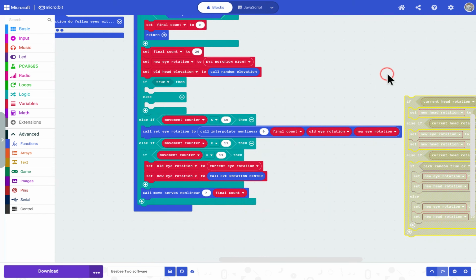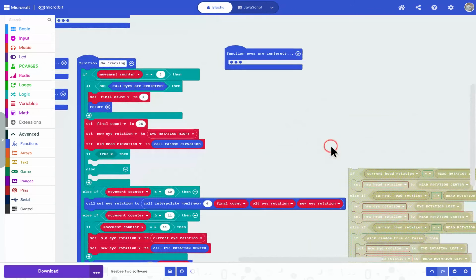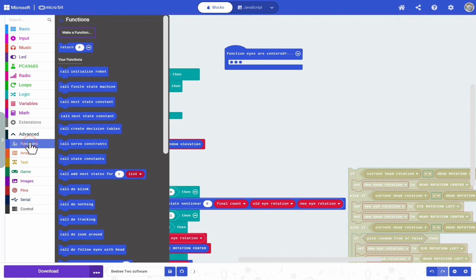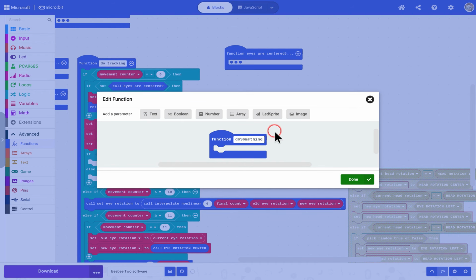So let's pull this out. I want to make this into a function. So instead of choosing the eye rotation, I'm going to create a function that will return the eye rotation. And what am I going to call it? I'm going to call it new eye rotation while tracking.